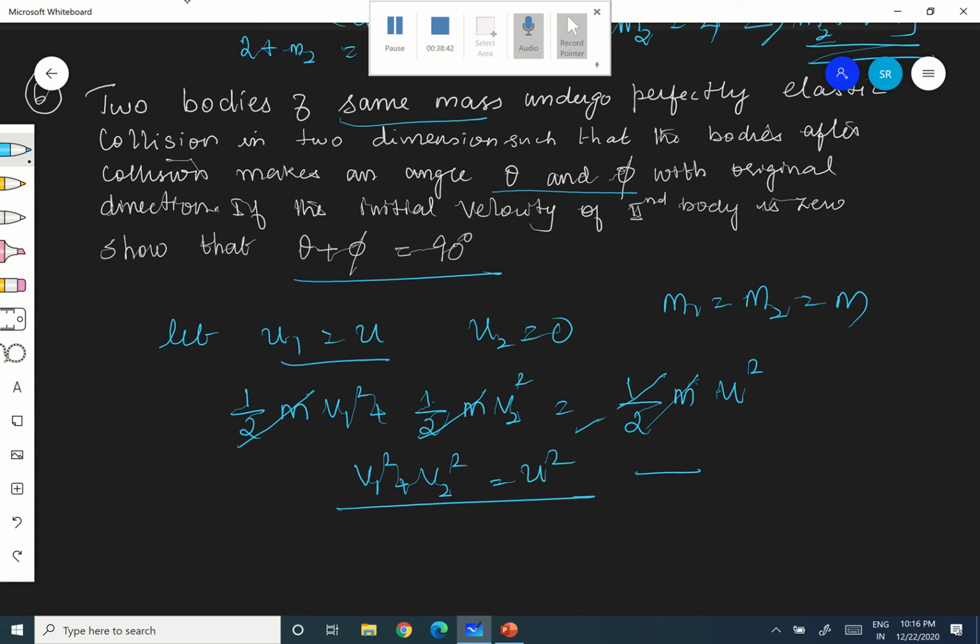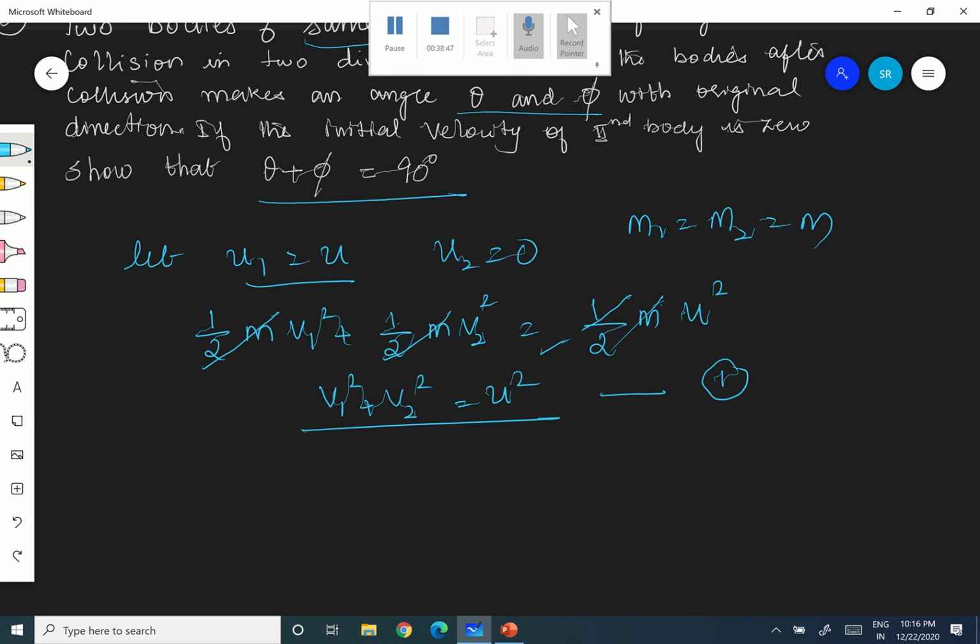Let me call this the first equation, which you got with the kinetic energy conservation principle. Next you go for momentum conservation, along the x direction and along the y direction, both you have to do. So recall what momentum conservation is.